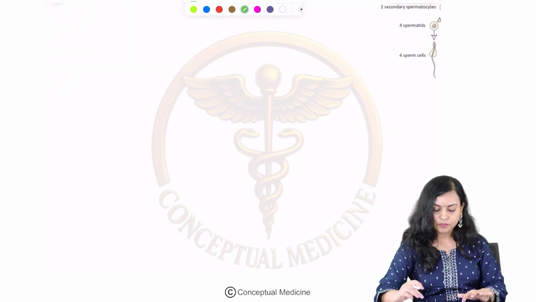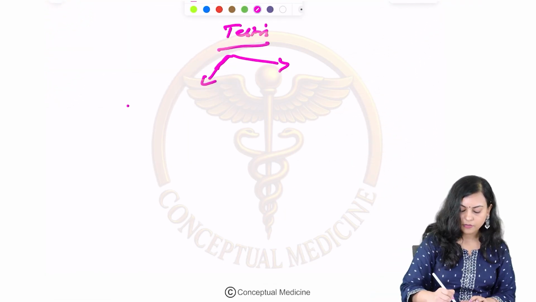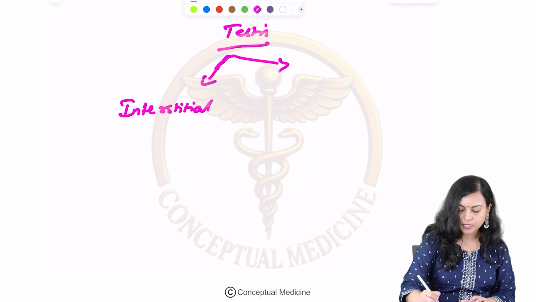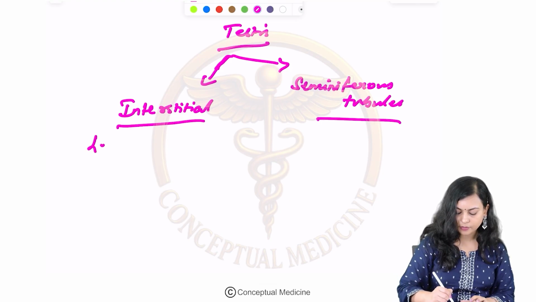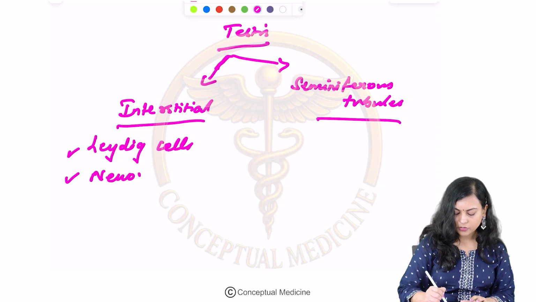Okay. Now we have the interstitial compartment and we have the seminiferous tubules. In the interstitial compartment we have the Leydig cells, then the neurovascular bundle.